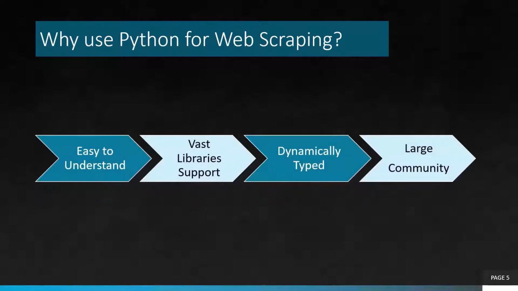So first, the advantage of Python is that it is easy to understand. It is a high level programming language that has syntax just like normal spoken English. And then we have second, vast library support. The standard library of Python is huge.